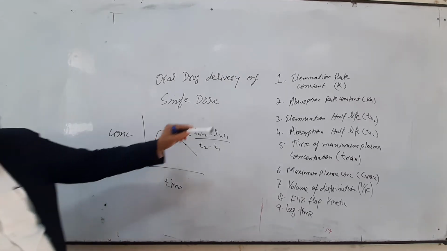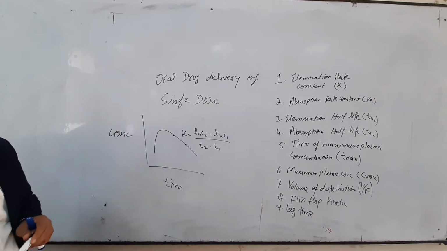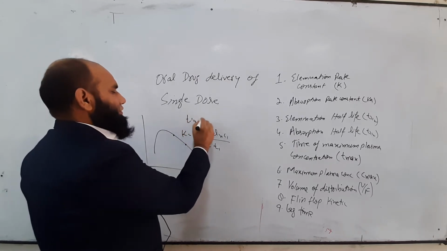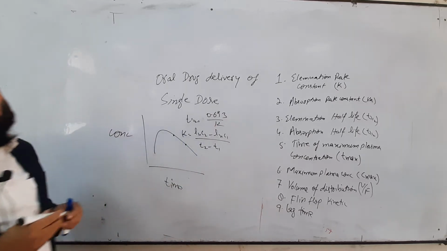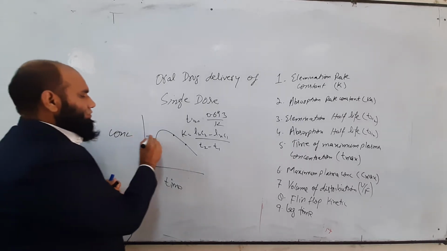This is our first, and we have already taken this concept when we discussed IV injections. How can we get the T half? Very simple, it is 0.693 over K. I have already told you we can calculate T half by two methods. One is by using the rate constant K, and the other is by using the graphical presentation, taking the exact two half values.